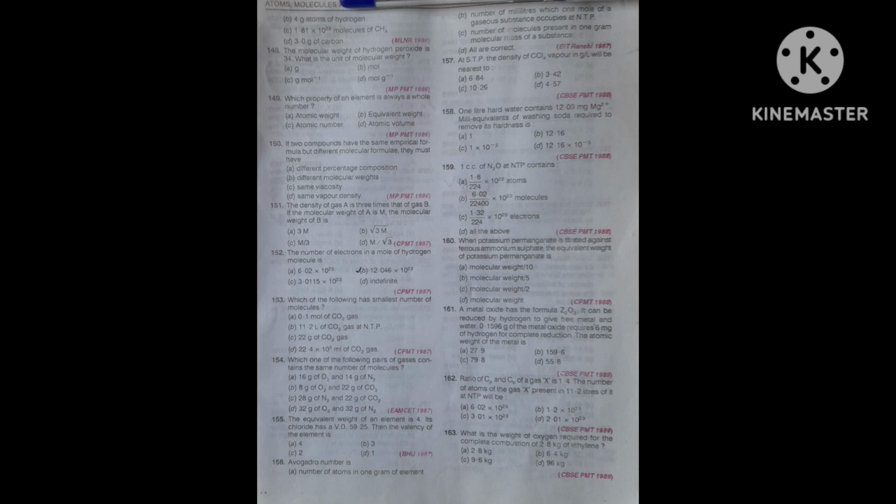The valency is 3 and the equivalent weight is 18.6, so 18.6 into 3 gives 55.8.